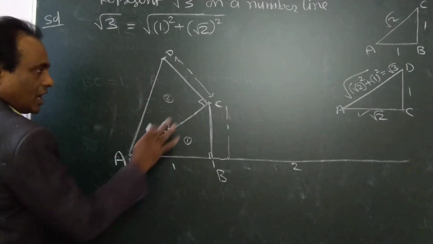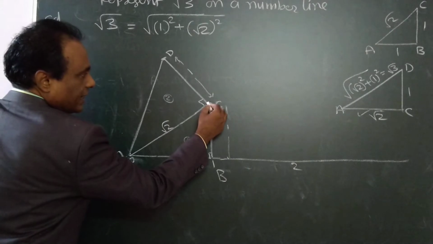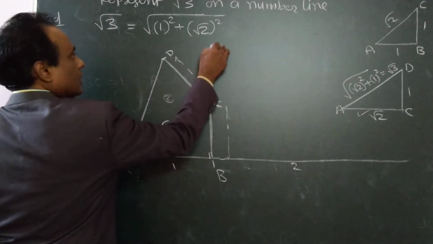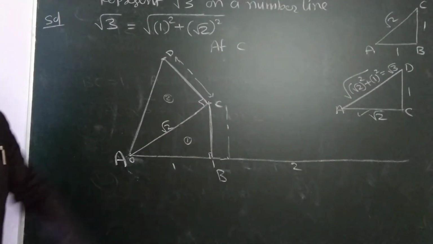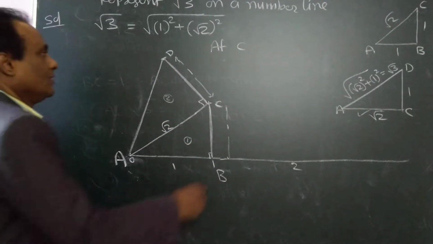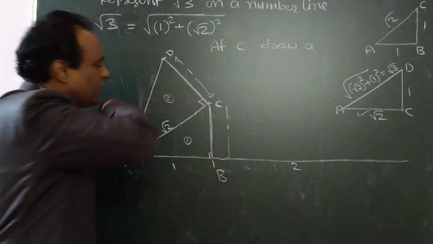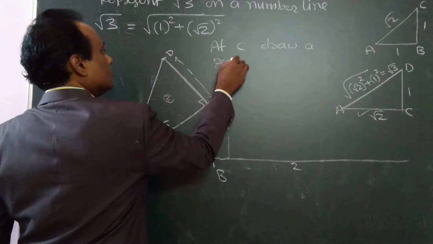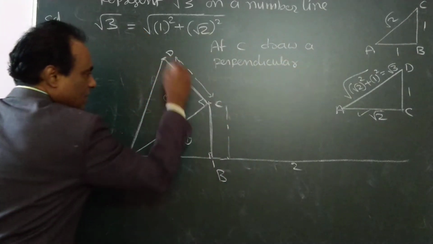What I did up to here, you have already written in the notes. So what I did, at C I drew a perpendicular line. Write down: at C draw a perpendicular. Perpendicular means 90 degrees.